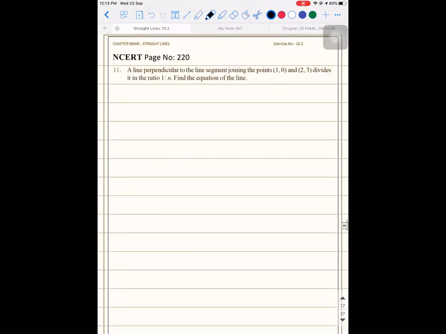Next. The next question is a line perpendicular to the line segment joining the points 1, 0 and 2, 3.